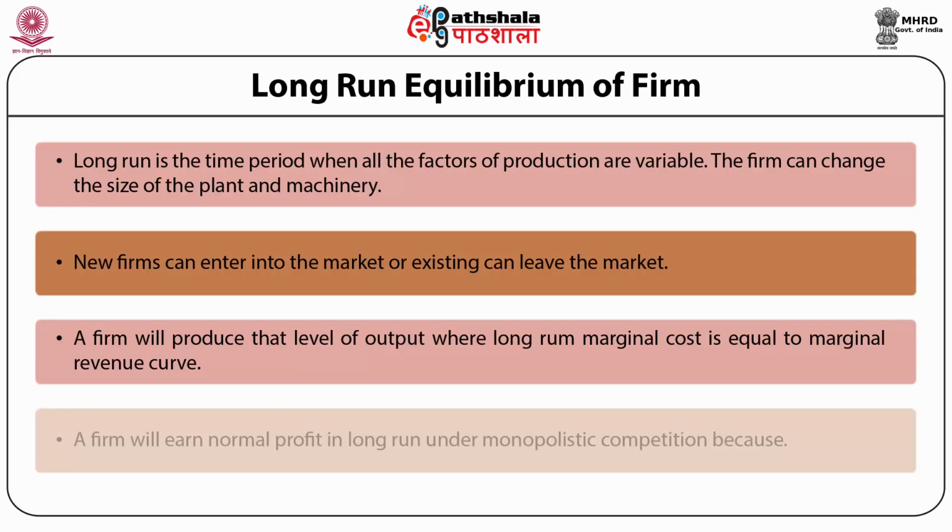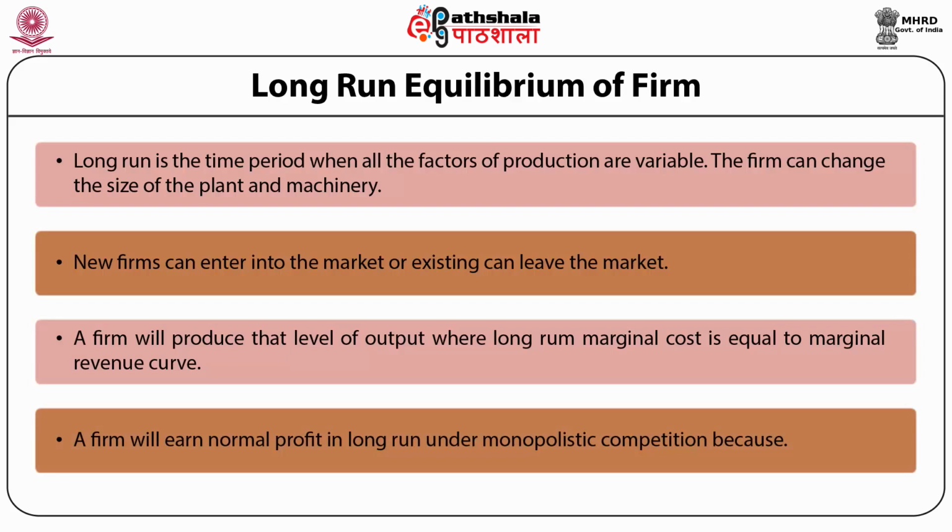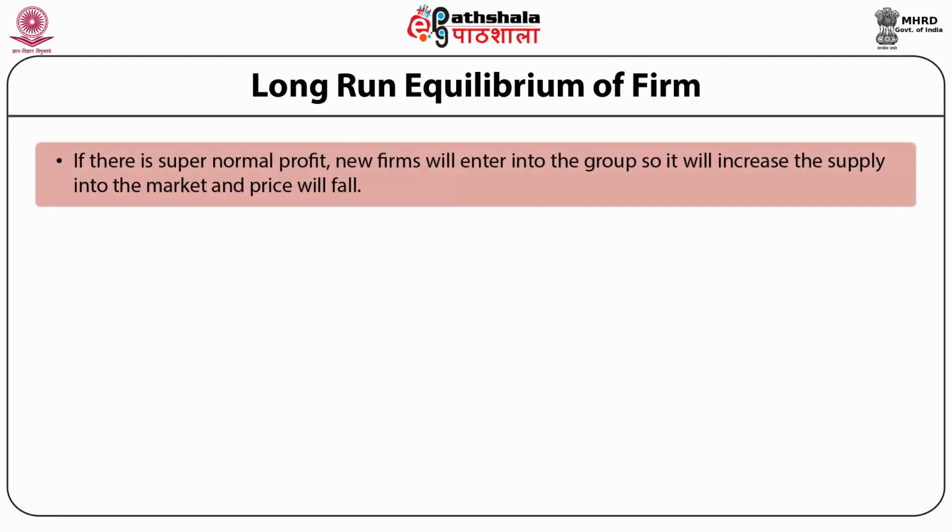A firm will earn normal profit in the long run under monopolistic competition because if there is supernormal profit, new firms will enter the group, so it will increase the supply in the market and price will fall. Again, there will be normal profit.